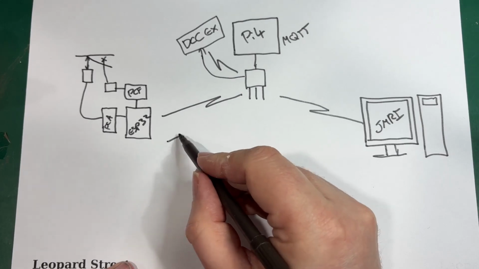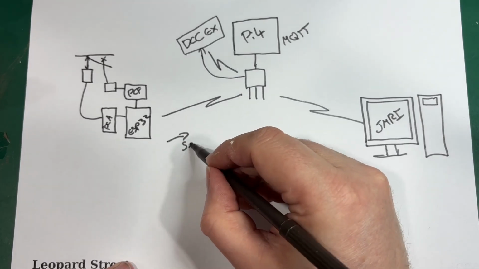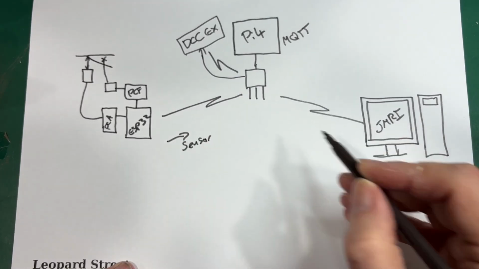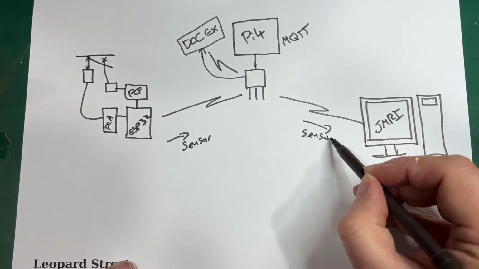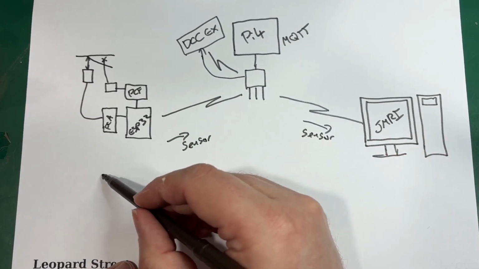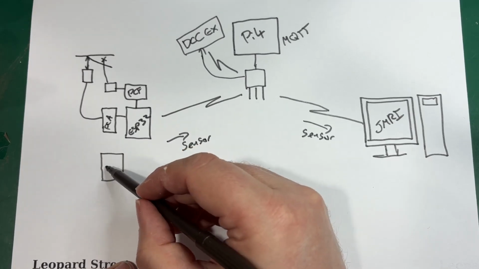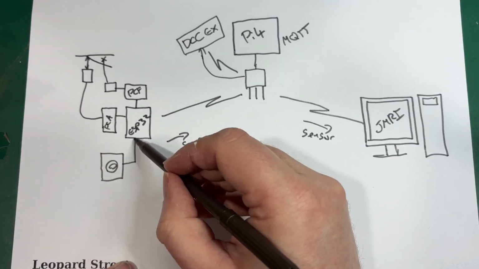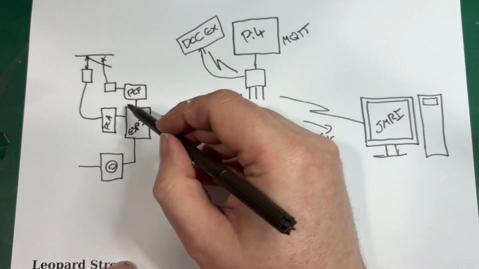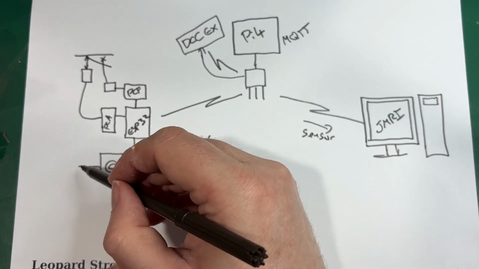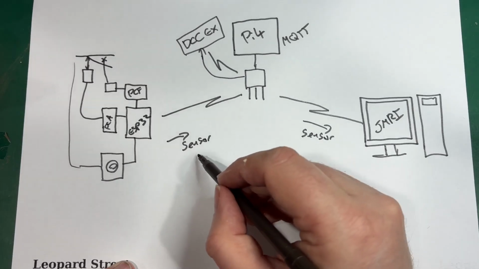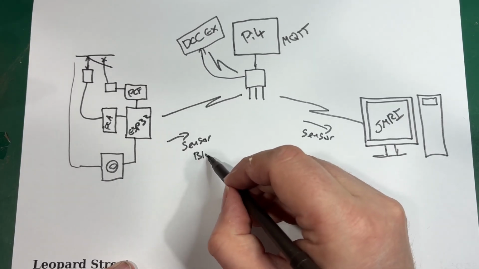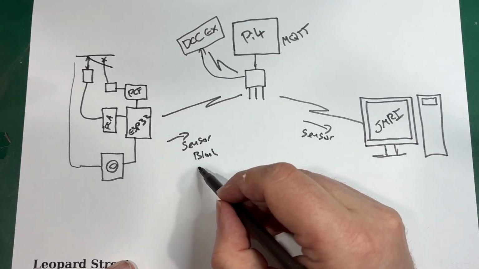So what happens? This sends sensor data, which goes that way, because this has also got these little current transformers, which actually go in via that, but I've drawn that the wrong way. Anyway, that goes up to the track. That's the block occupancy. So we've got sensors for block and sensors for turnout.